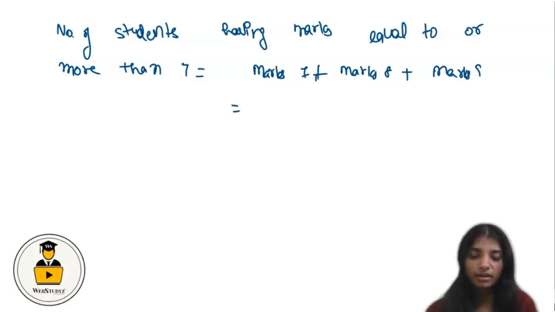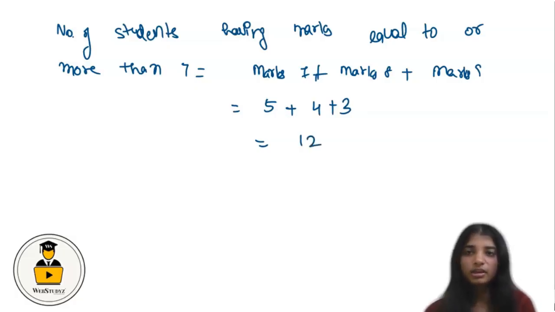So there are 5 students who have 7 marks plus 4 students who have 8 marks plus 3 students who have 9 marks. When we add them, we get the value 12. So we can say that 12 students have marks more than or equal to 7. So this is the answer to part A of this question.